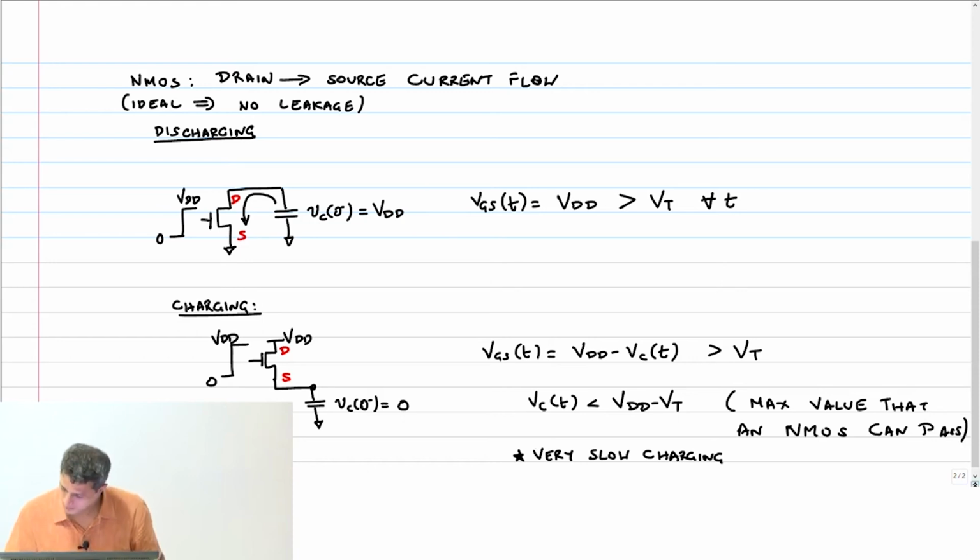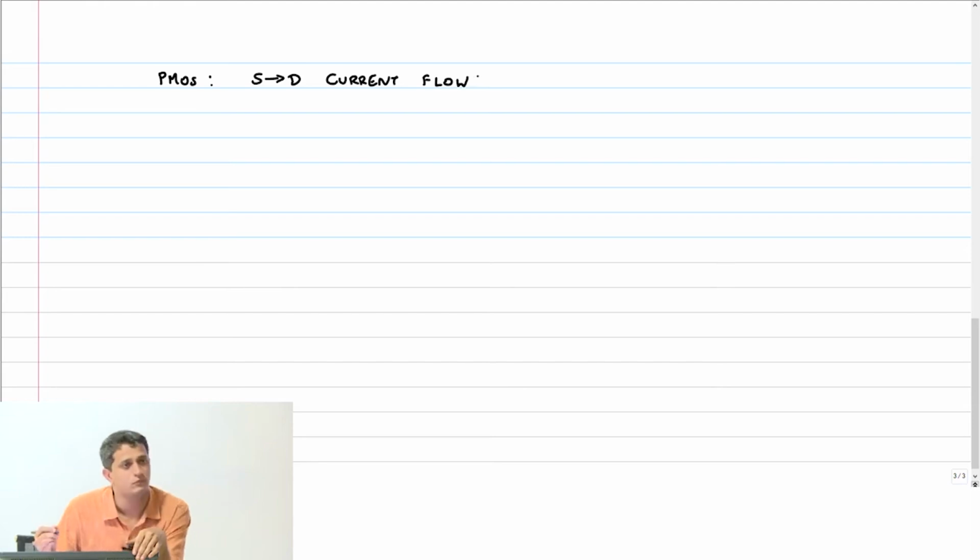Okay, similarly, let's now move to the PMOS transistor. Current flows from source to drain. Okay, so now let us look at the same case.